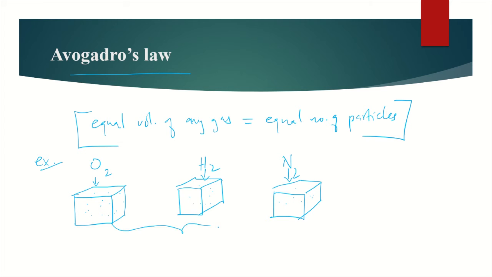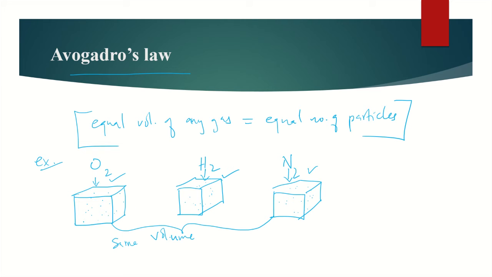Keep in mind that all the containers are of equal volume. So equal volumes of oxygen, hydrogen, and nitrogen gas are filled in the boxes.